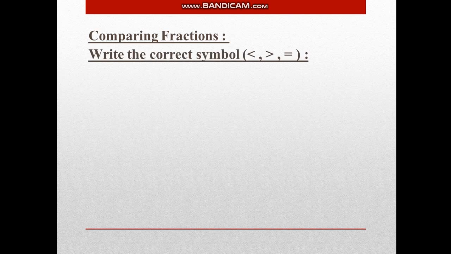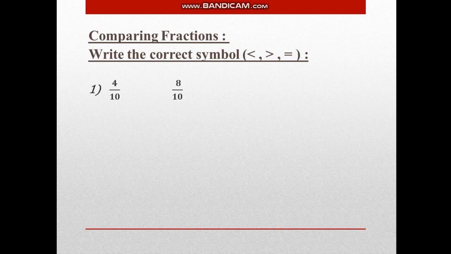Now I will compare fractions. We know that when comparing fractions, we use less than, greater than, or equal. Now I want to write the correct symbol. Number 1, I have 4 tenths and 8 tenths.